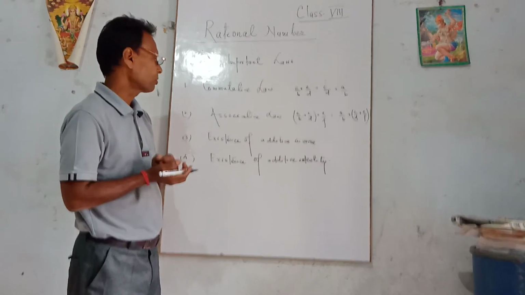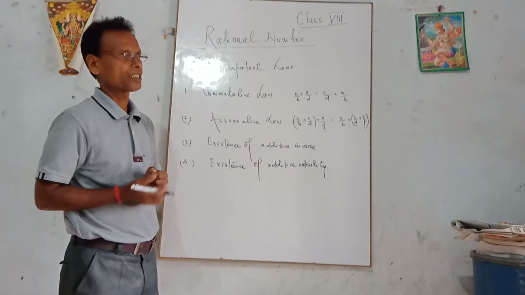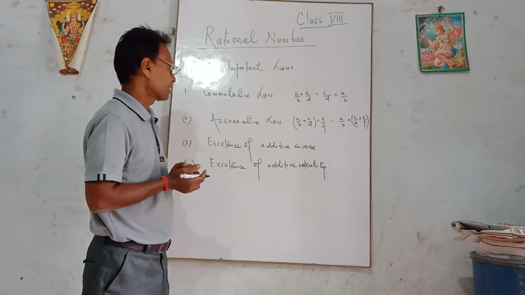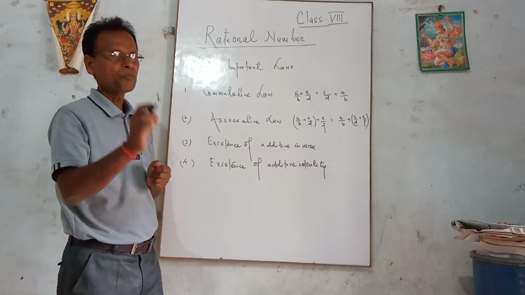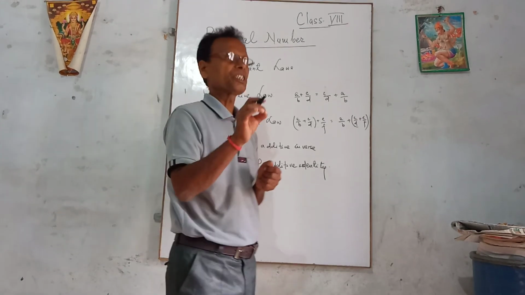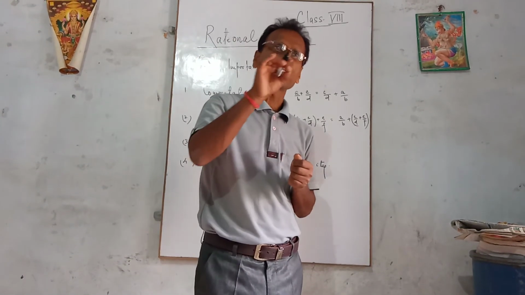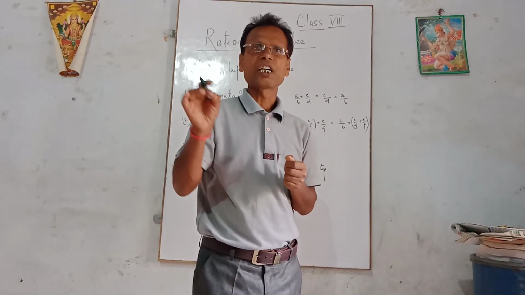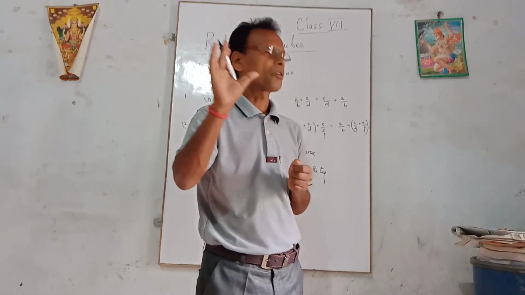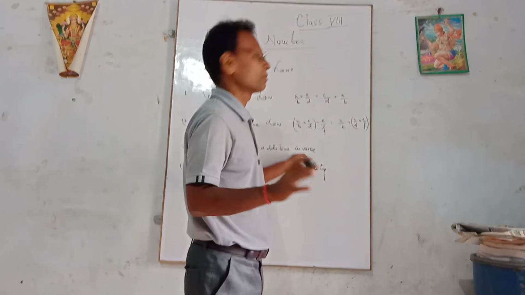Then existence of additive inverse, a very interesting thing. Try to understand it. The number which is added to a given rational number to make the result 0 is called the additive inverse.